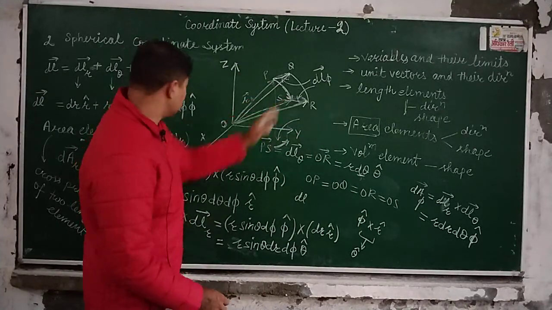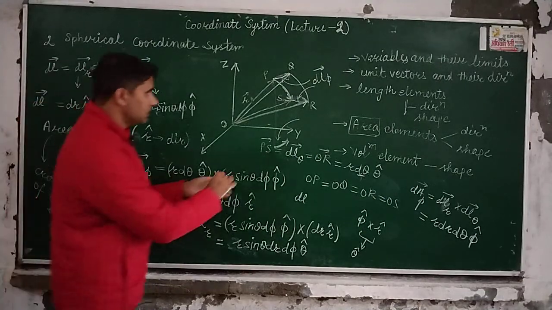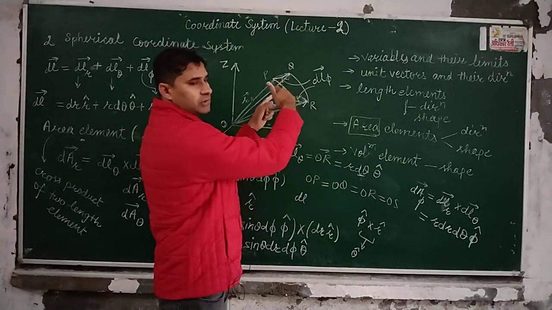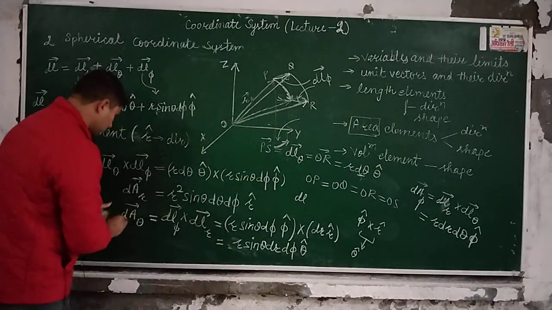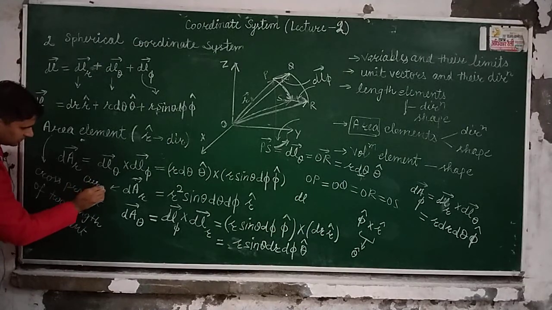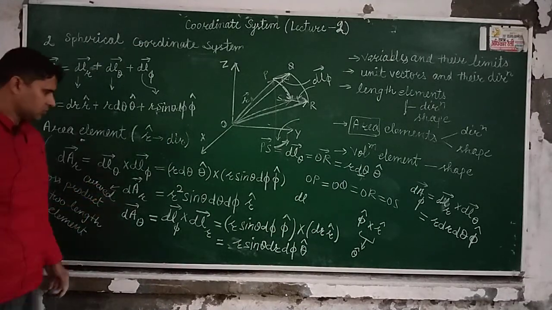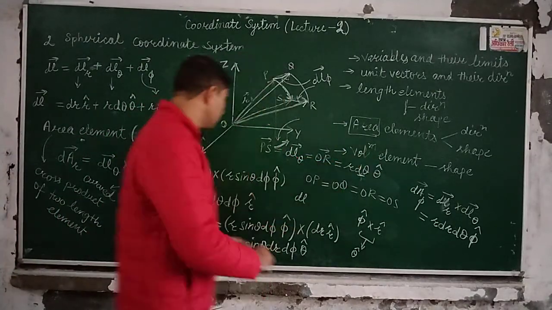If you see dA r, it will be curved shape because it will give you the surface area, curved surface area. The rest of the shapes we will discuss when we talk of volume element.